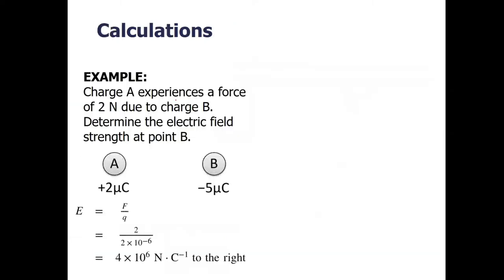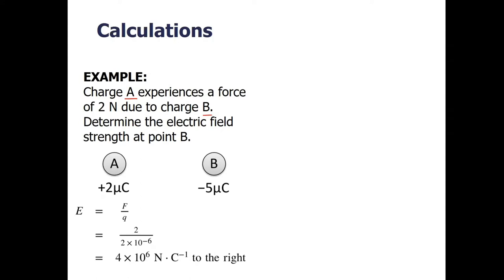Here, charge A experiences a force of 2 newtons due to charge B. Now, the way this has been worded is a little bit tricky because keep in mind, both charges experience the exact same force. Why? It's a Newton's third law force pair.